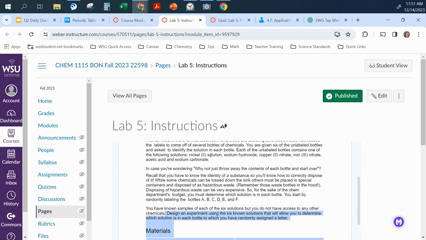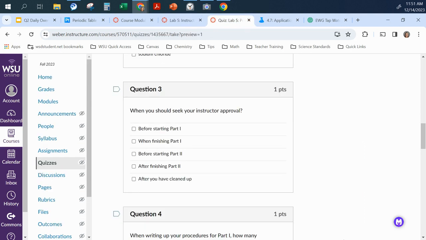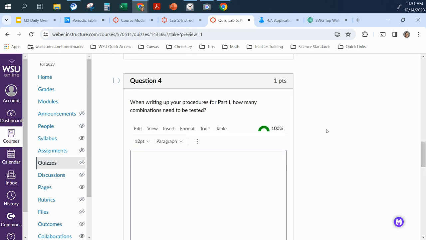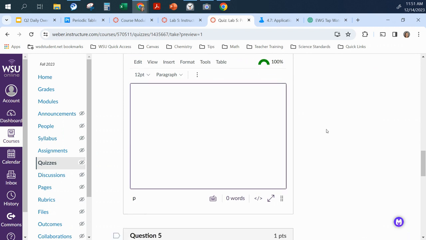Before you start part 1 and before you start part 2, I'm going to look at your procedure and make sure that it is reasonable. Okay? Yes, I'm going to put everything together and put it in the Bunsen burner. That's probably not a good idea.